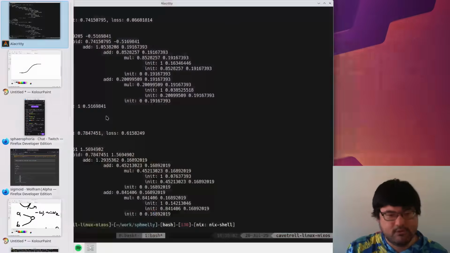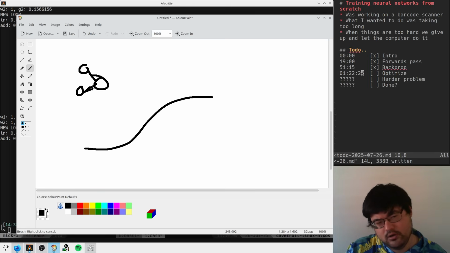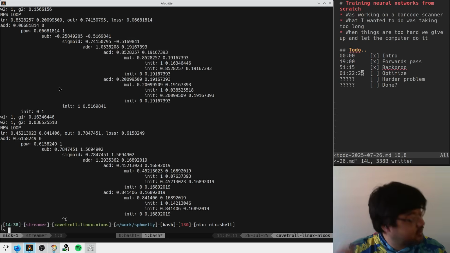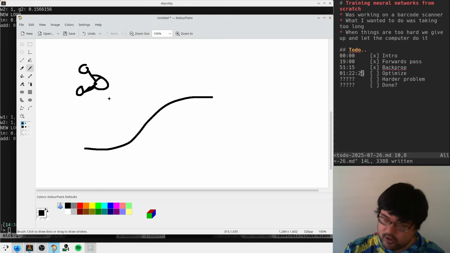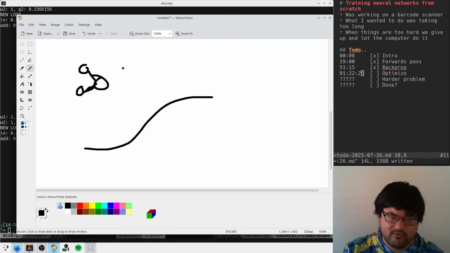Okay, let's think about this. So we have 2 inputs. We're expecting them to go to 0, 1. And we want to say, how do we make this squared error smaller, right? So in this case, we have 0 minus 1, square that.